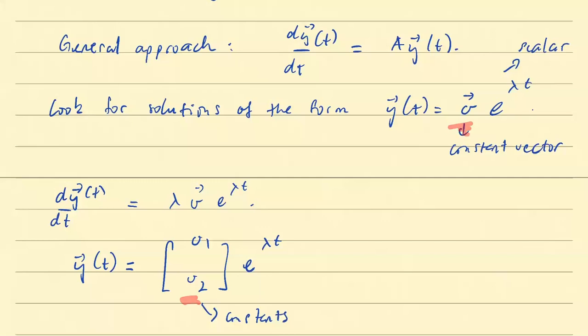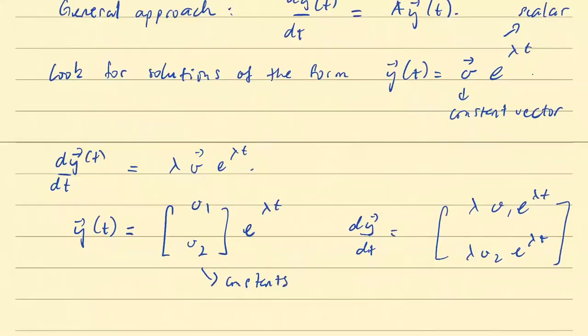I hope you see clearly that dy/dt is lambda v1 e to the lambda t, lambda v2 e to the lambda t, which is exactly lambda times (v1, v2) times e to the lambda t. Of course, writing the vector down explicitly is very tiring, and if we have a 10 by 10, you're not going to sit there and write down 10 coordinates. So that's why this notation is used.